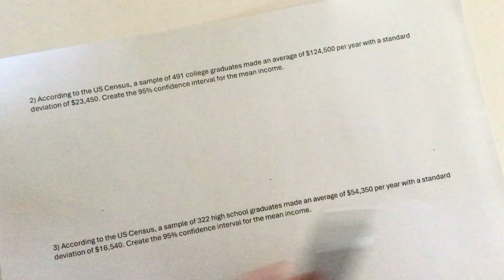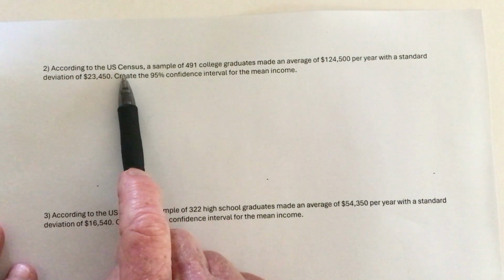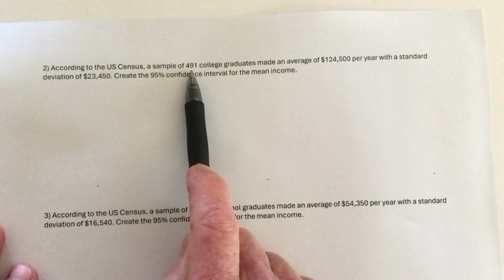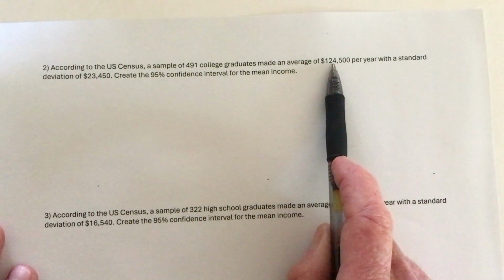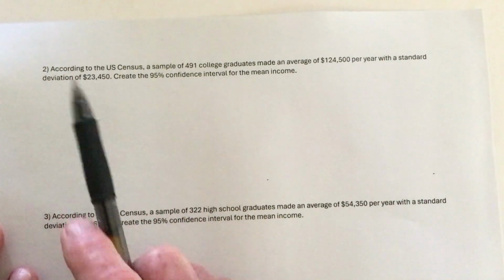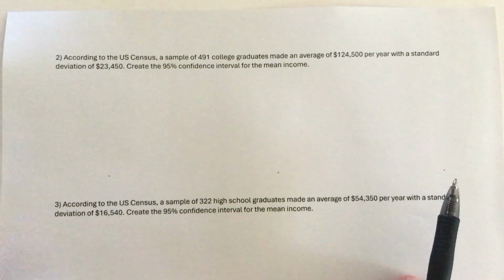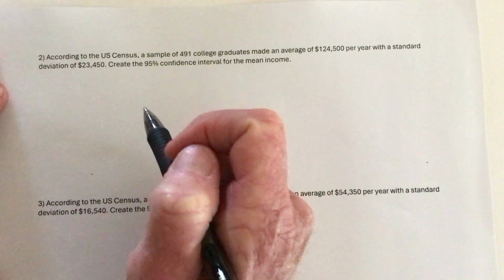So for the next example, this is information from the US Census. A sample of 491 college graduates. They made an average of 124,500, and then there's the standard deviation. So even when I use the calculator, I'm still going to write down the information to show how I got the answer.